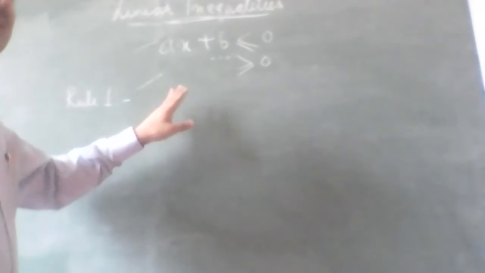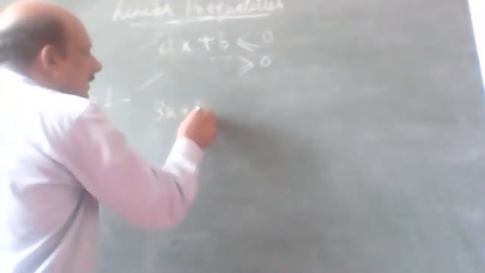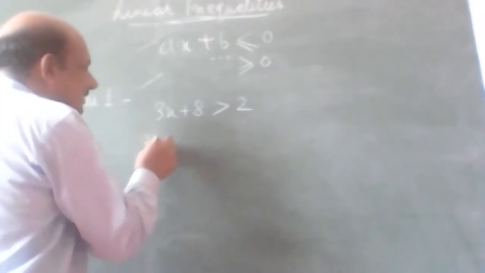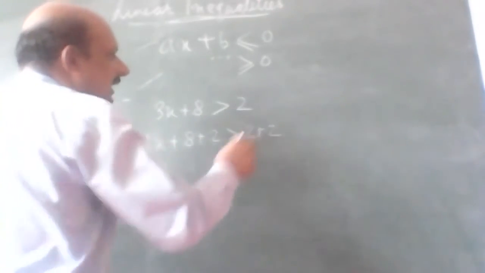So यहाँ भी अगर equal number दोनों साइड ऐड किया जाता है तो ये जो सिंबल है, ये जो इनइक्वालिटी है, it will remain same. अभी अभी मैंने एक एग्जांपल किया है, -8 सब्ट्रैक्ट किया था. इसी तरीके से अगर 3x plus 8 greater than 2 है, if I add 2 to both sides, so this would remain same, कोई चेंज नहीं आएगा.